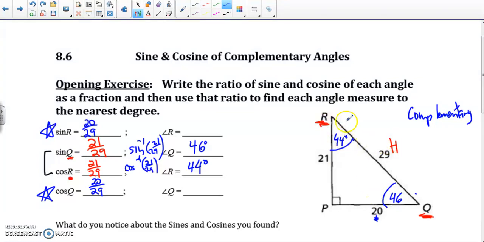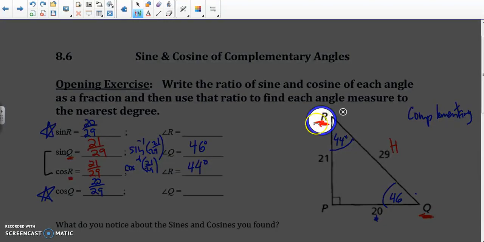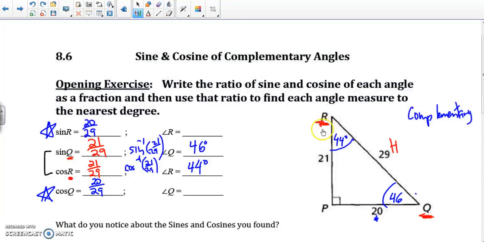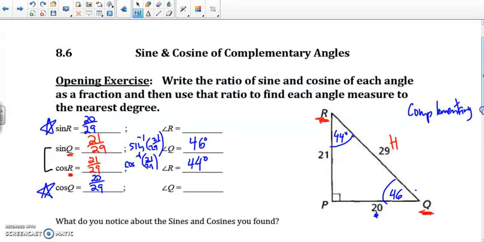The opposite of angle R, let me get out the magic pen here, the opposite of angle R, which is right here, is actually going to be the same as the adjacent of angle Q. So opposite over hypotenuse for R is the same as adjacent over hypotenuse for angle Q. And that's what we're going to write down in a minute for a really important definition for today.